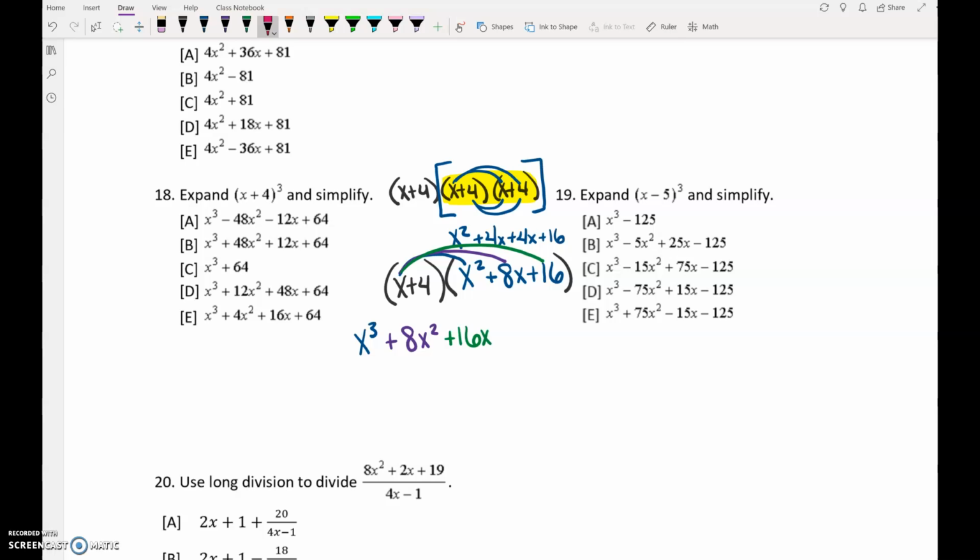Now distribute the 4. 4 times x squared is 4x squared. 4 times 8x is 32x. 4 times 16 is 64.